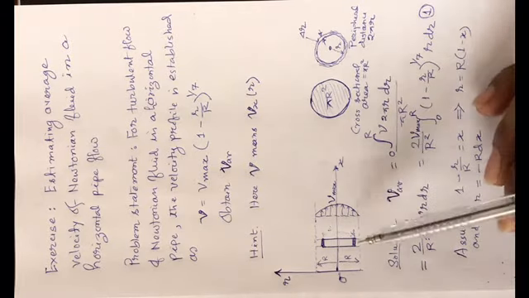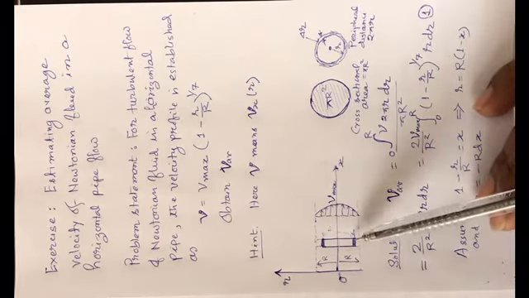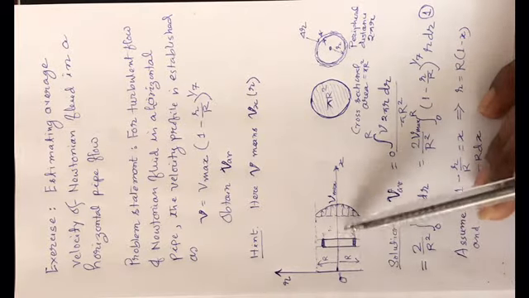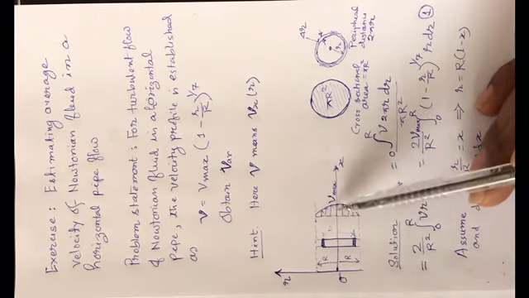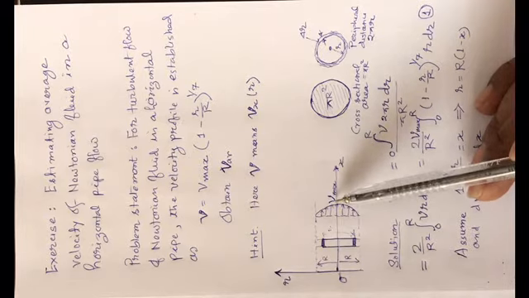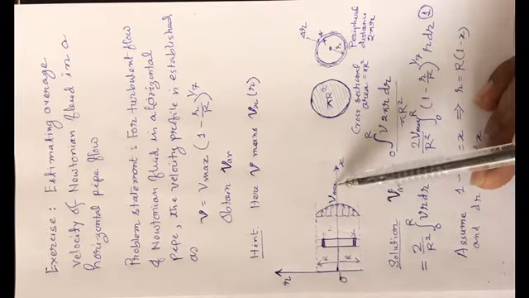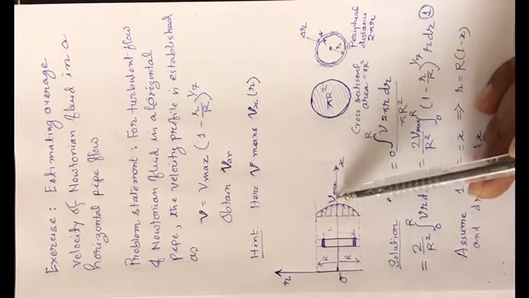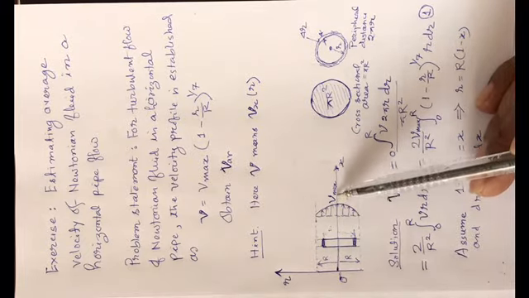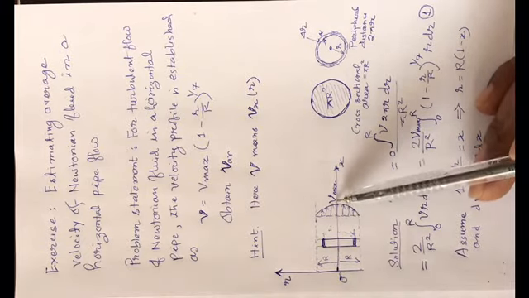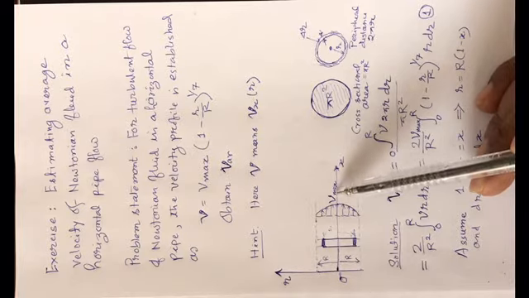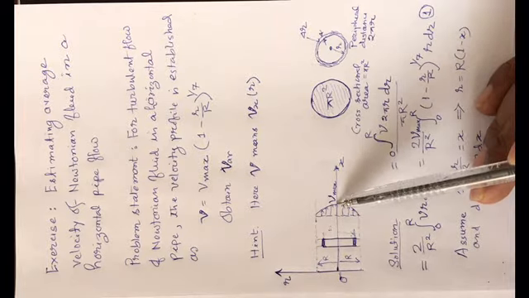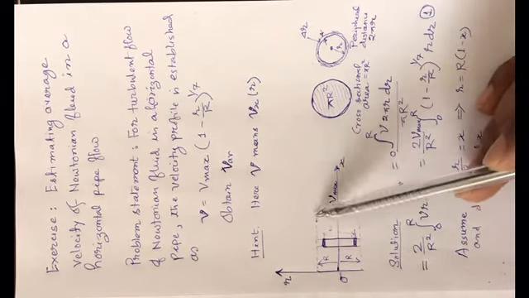Now for this case, the expression is given in the form of a function of maximum velocity, and from the earlier discussions we know that maximum velocity happens where r is equal to 0, or at the center. So we show V maximum here, and at r equal to R, at the radius or interface with the solid surface, this velocity is 0.